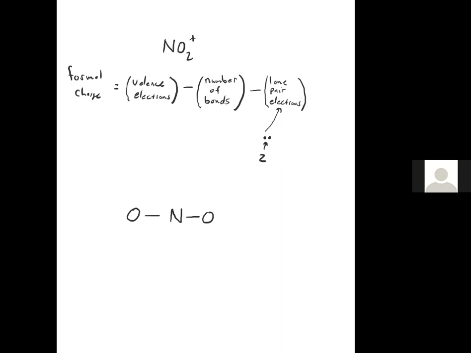It was a triple bond on the left. Cool. And then one lone pair on the oxygen here? Mm-hmm. And then the nitrogen didn't have any, just bonds, no lone pairs. No, that's how it looks. And then the oxygen is a single bond over here. Were there any lone pairs on that oxygen? Only one. Oh, only one lone pair.